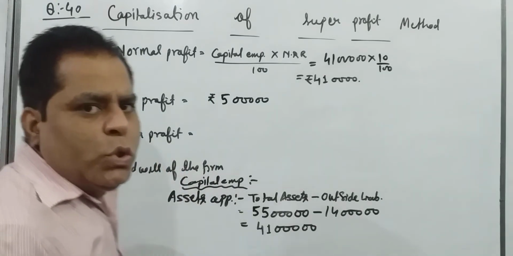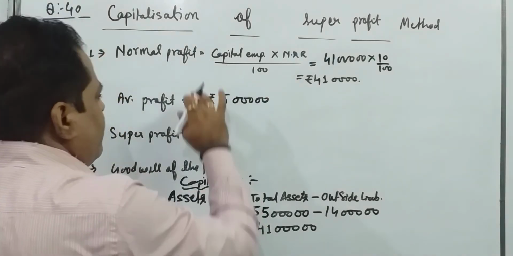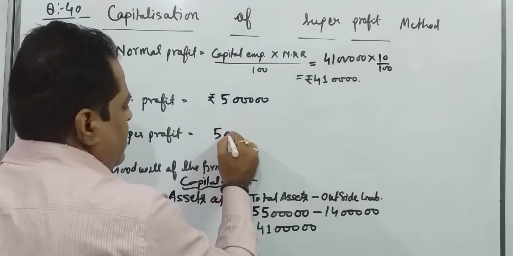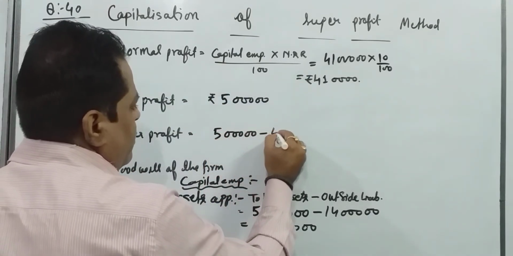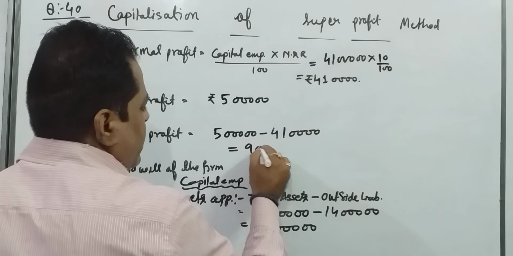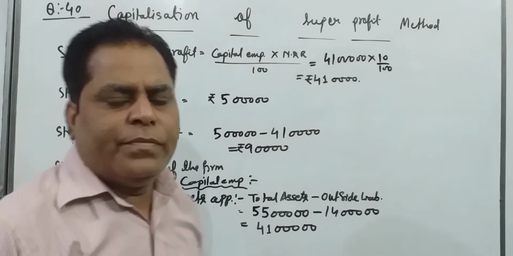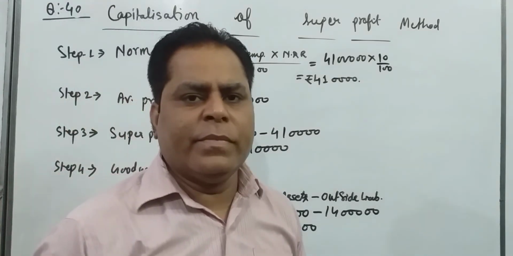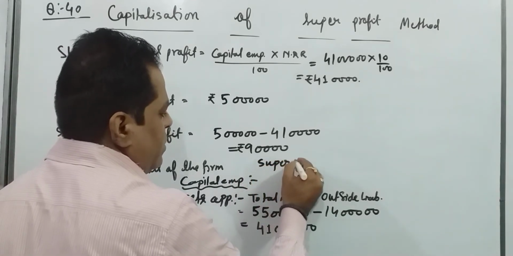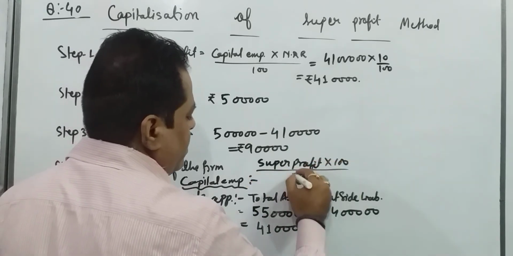And we can find out super profit also by deducting normal profit from average profit, step 2 minus step 1. 5 lakh minus 4,10,000. Your super profit is 90,000 rupees. Now simply apply the formula of super profit method, which is super profit into 100 upon normal rate of return.